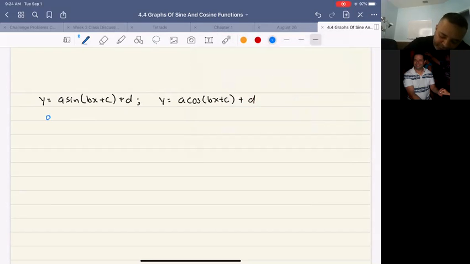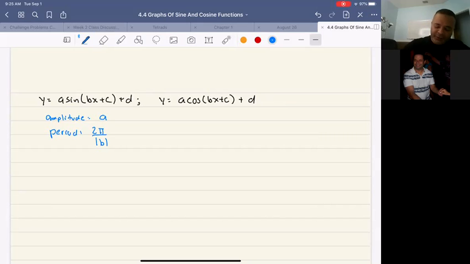Our amplitude is just given by A. That's just given by whatever's multiplying in front of sine or cosine. Period, we already talked about period, but just to remind you, it's 2 pi divided by the magnitude of B. So the period should always be positive is what I'm trying to really get at.